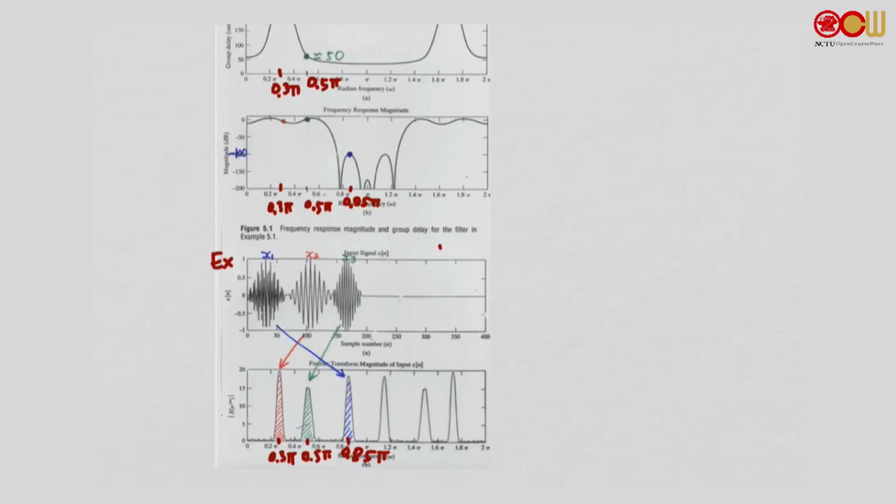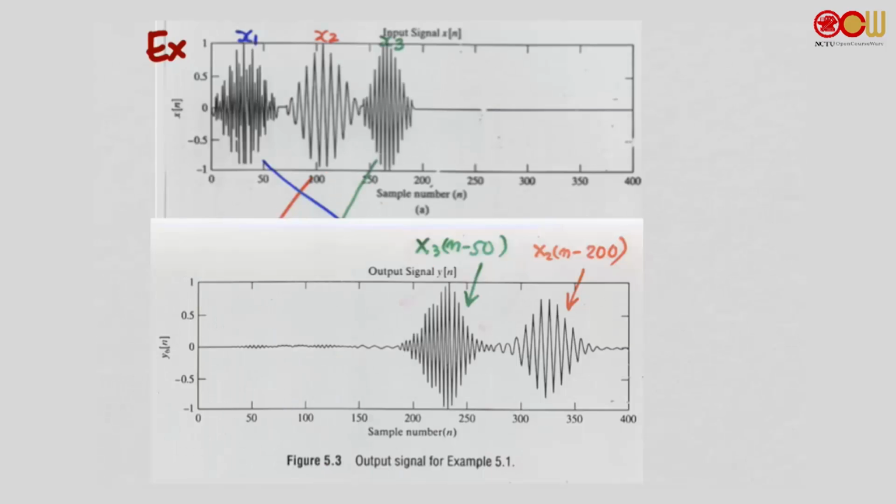So x3 here will get delayed by approximately 50 samples, whereas x2, the group delay here is 200, so it will be delayed by approximately 200 samples. Here's the output.